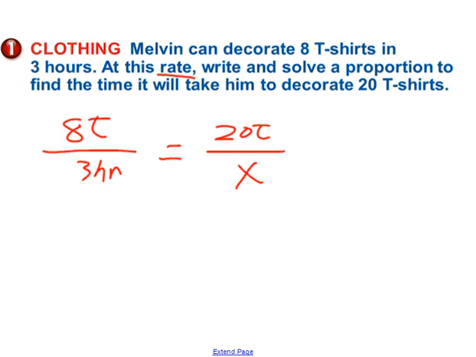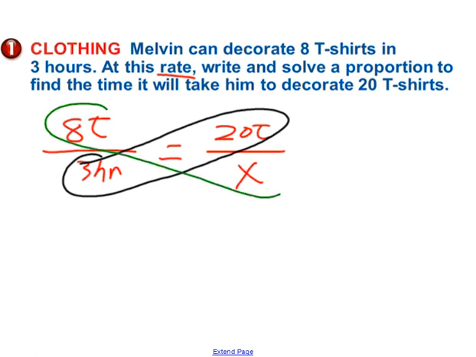And here's the idea of a cross product. A cross product are diagonally across the ratios. So I can say 8 t-shirts times X amount of time is equal to 20 t-shirts times 3 hours.